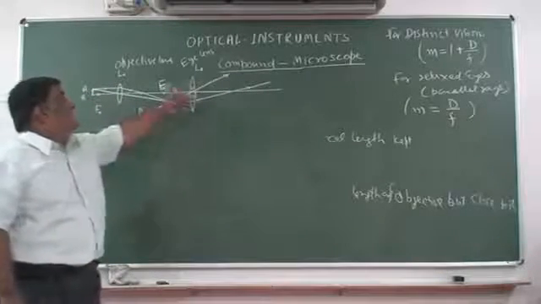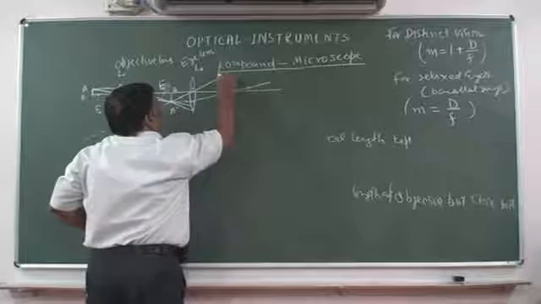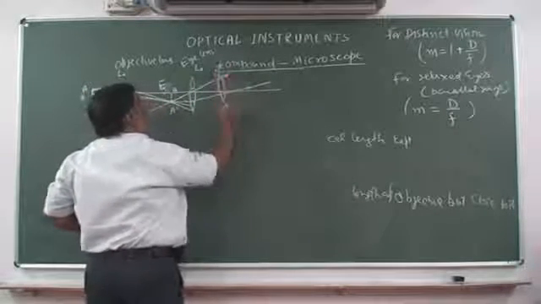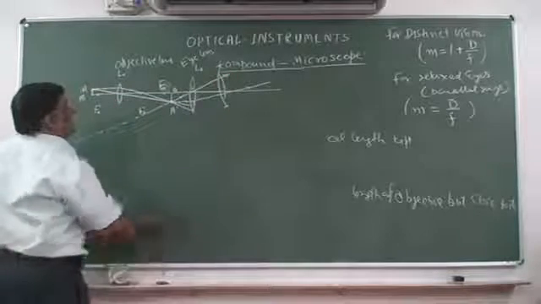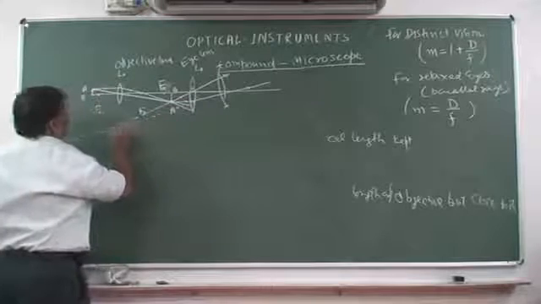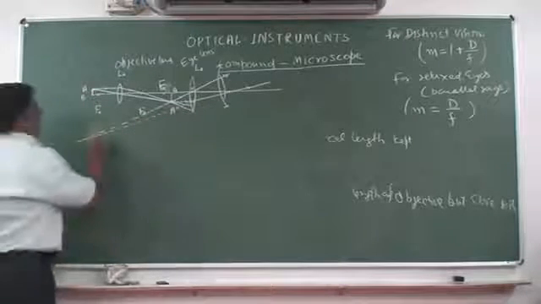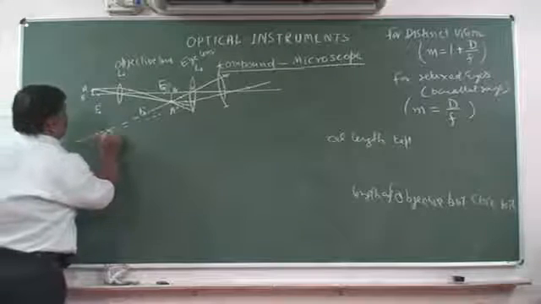If these are the two rays and we keep our eyes here, what do we see? One ray is coming here, one ray is coming here, and the image appears somewhere at this point.